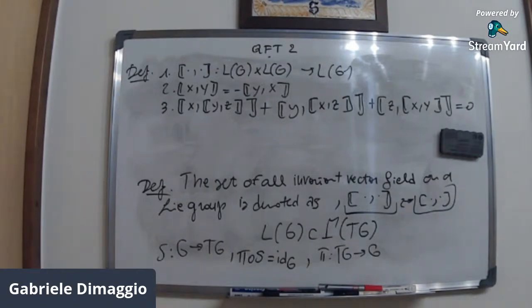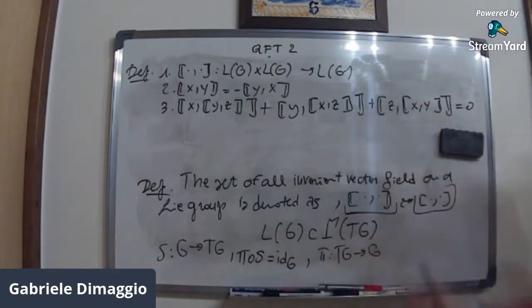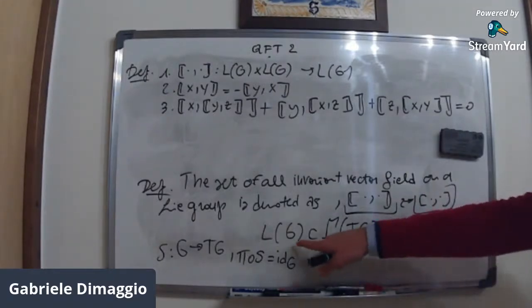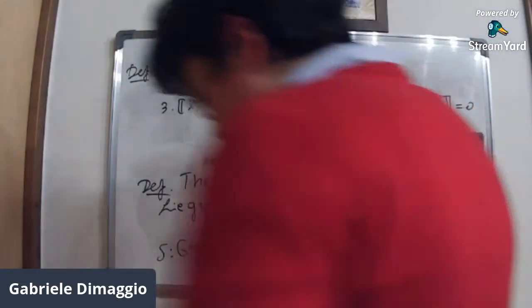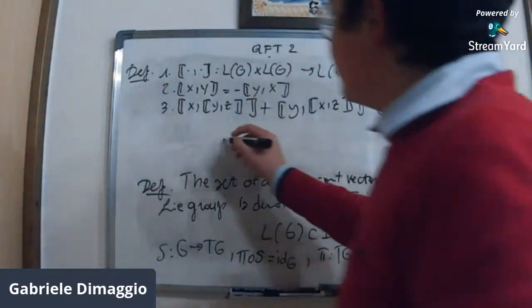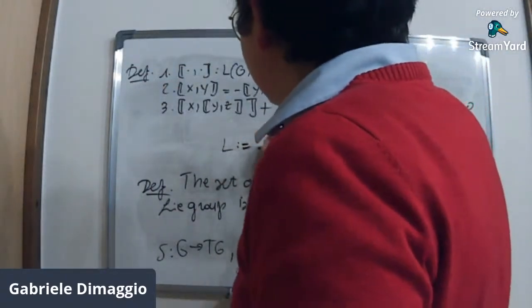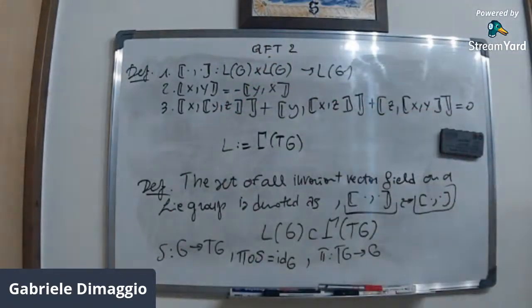Perfect. And now for the definition, we have that this is a subset of the set of all sections. An example of a Lie algebra is the set of all sections over the tangent bundle.